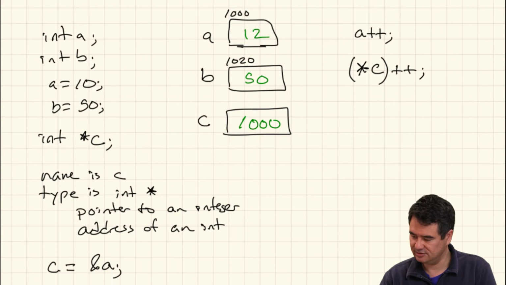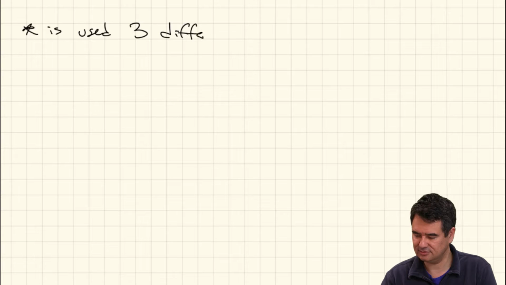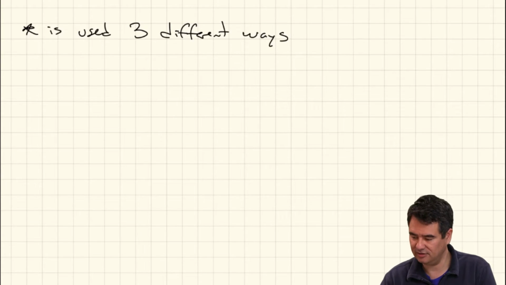All right, so one of the confusing things about the C programming language, and I'll have to admit that it took me a while to get used to this, is that star is used three different ways, depending on context.